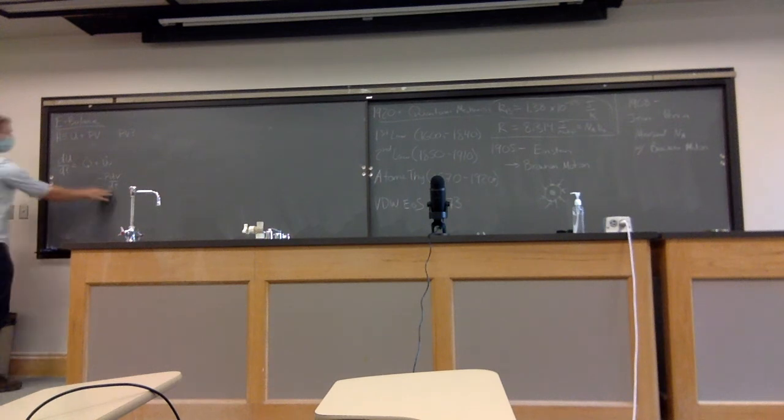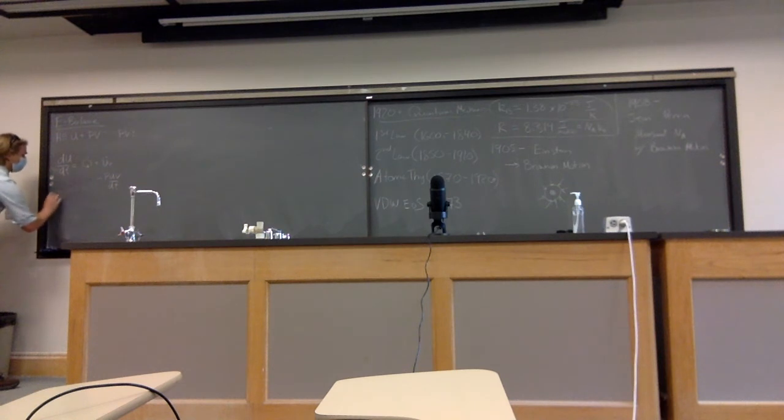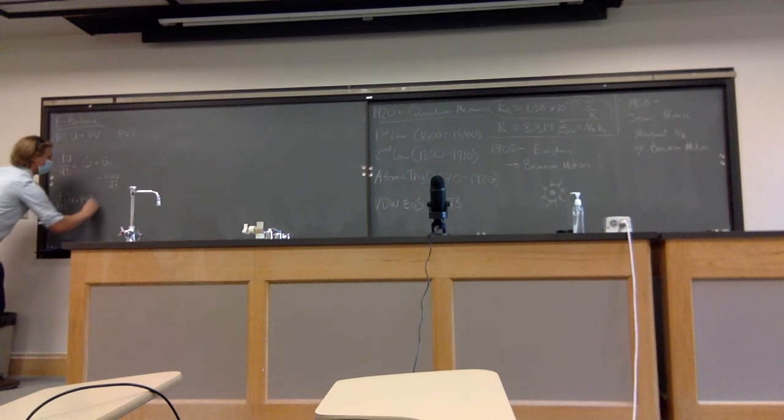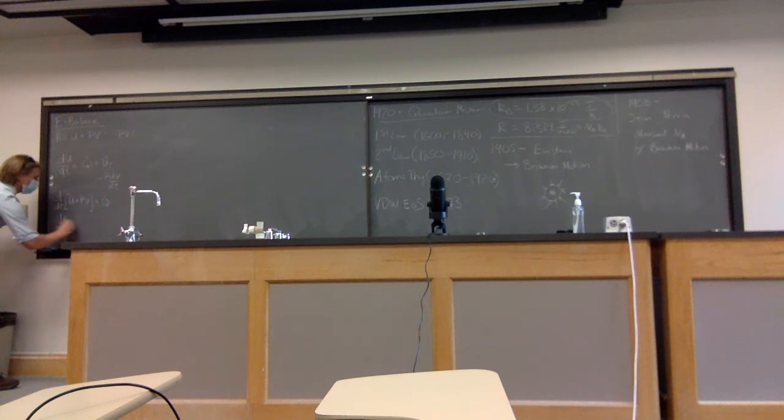So if I move this over to the left-hand side of the equation, I get d/dt, actually I think this can be a total differential, of (U + PV) equals Q dot, and thus we have dH/dt is equal to Q dot for a constant pressure closed system.